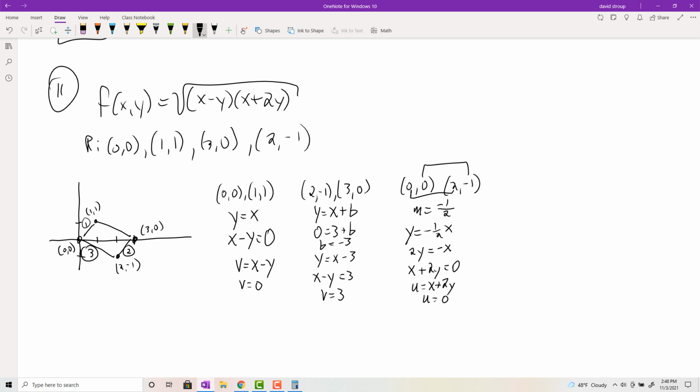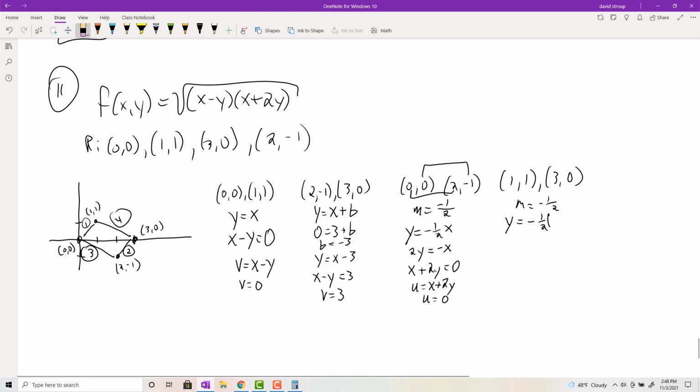Then finally the fourth line, 1, 1, and then 3, 0. You know the slope already is going to be negative 1/2. And then y equals negative 1/2 x. So I'm going to plug in my x and y. Y is 0, x is 3, and then plus b.